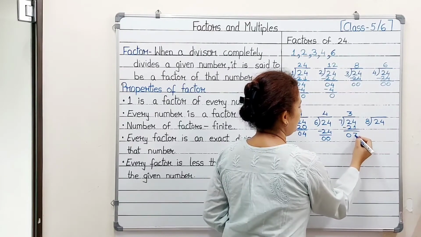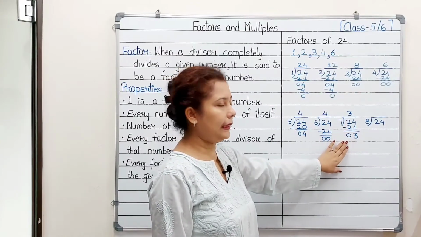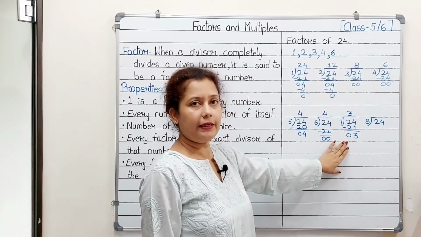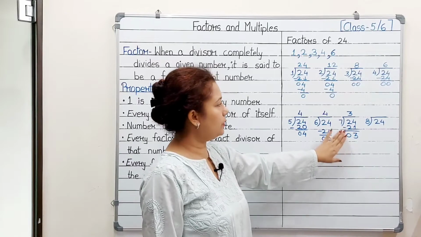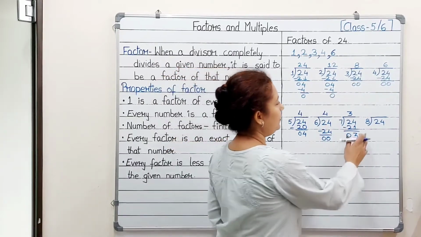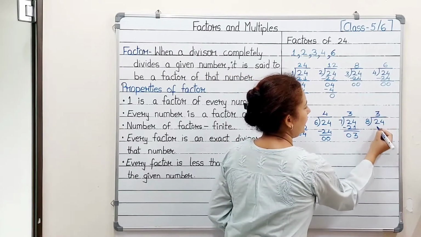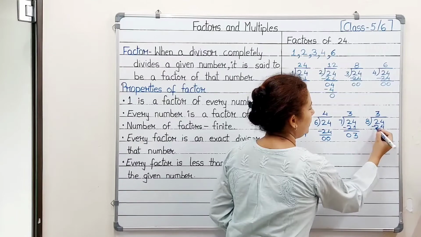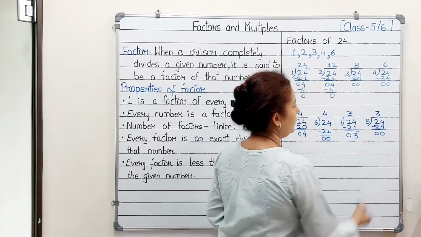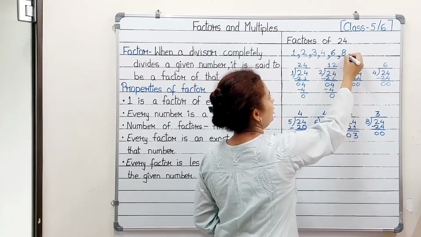Remainder is 3. 7 does not divide 24 completely because 3 is left as a remainder. So 7 is not a factor of 24. Next we will divide 24 by 8. 8 into 3 is 24. Remainder is 0. So 8 is a factor of 24.